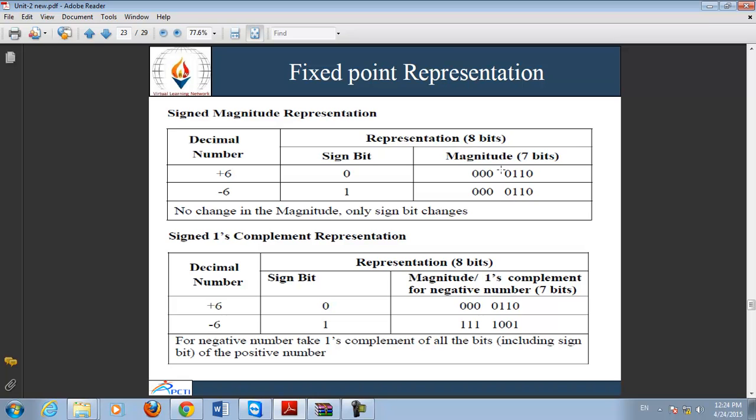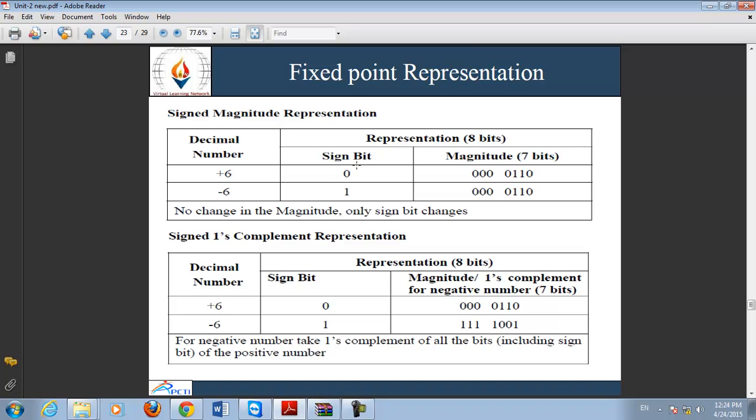Now, from these 8 bits, the leftmost bit is the sign bit, by which you can differentiate between positive and negative numbers. You can see here for plus 6, the binary representation is 00000110.